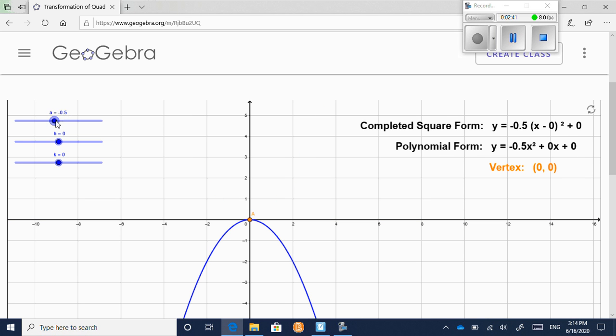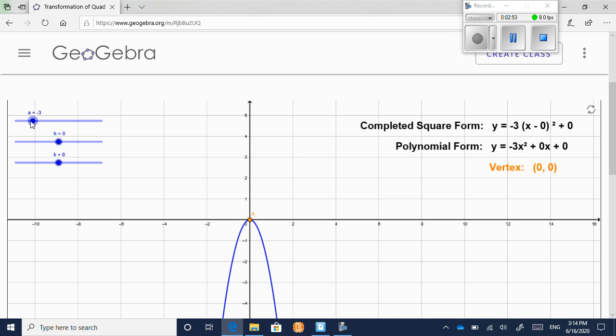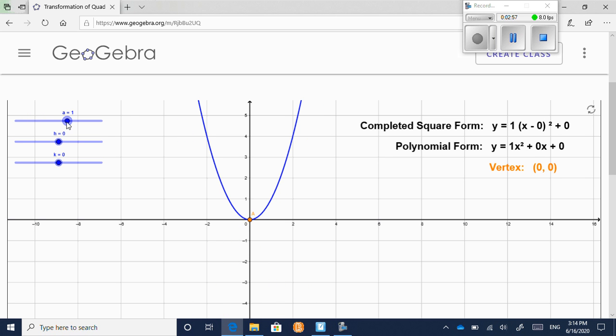So the negative means it flips. There's -1. Now it's just the reverse of the bread and butter parabola. And as I get to bigger negative numbers, it just gets thinner and thinner, but on the opposite side. I'm going to go back to 1 just for now, and we're going to revisit this little diagram in this lesson.